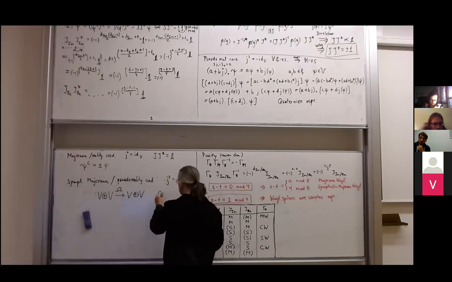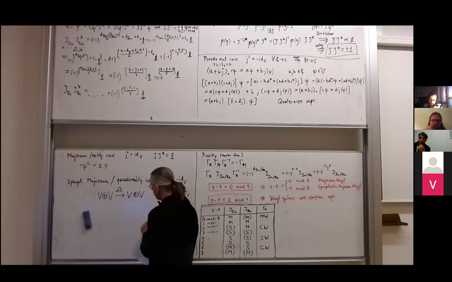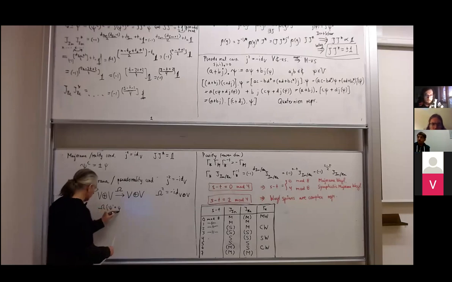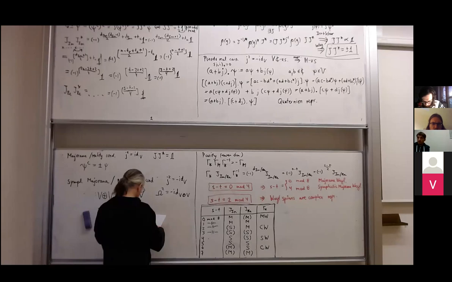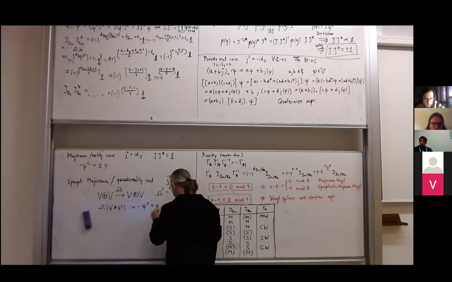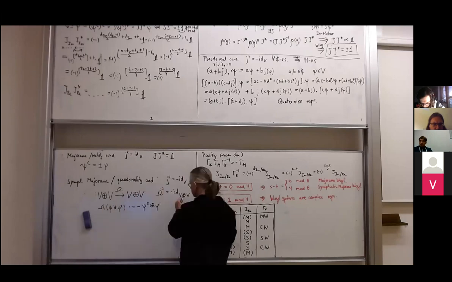So omega squared should be equal to minus the identity on V plus V. And we just take the simplest we can think of. We think of omega of copy 1 plus copy 2 should be equal to minus copy 2 plus copy 1, like this. And if we square this, it's easy to see that this squares precisely to minus the identity.